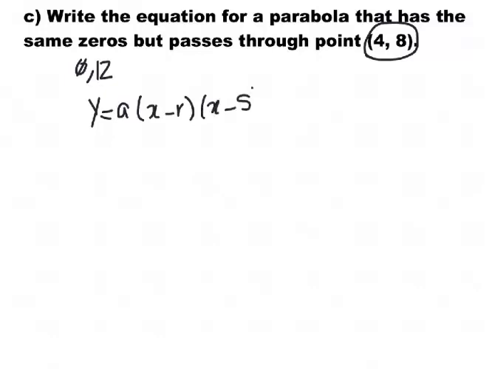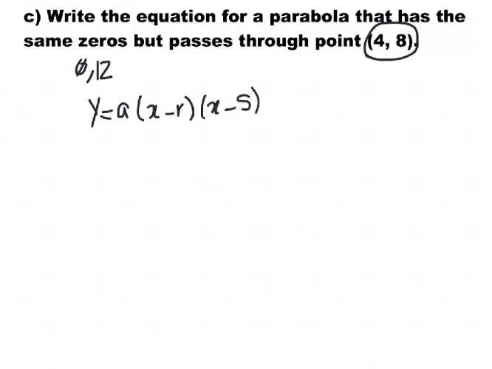Next question says, write the equation for a parabola that has the same zeros. Remember the zeros that we had, they were 0 and 12. And it passes through the point (4, 8). Remember, when the zeros are given, the best way to solve the problem is using the x-intercept form of a quadratic equation, meaning y is equal to a times x minus r times x minus s.